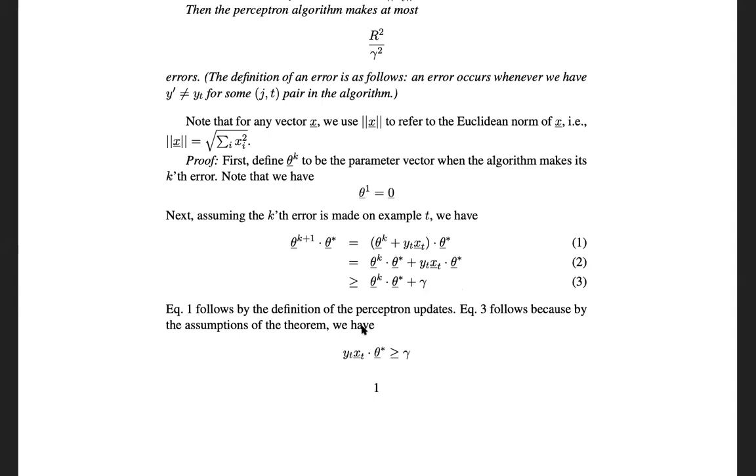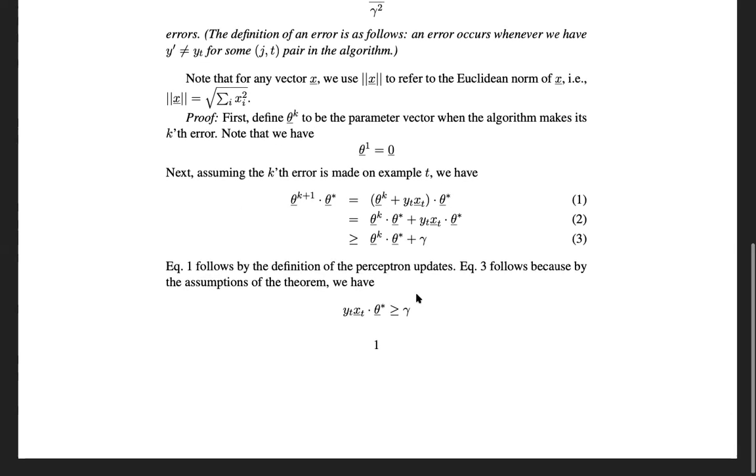So that basically means that theta k plus 1 keeps on growing. Whatever theta we are finding, its dot product with theta star keeps on growing by gamma after every round.